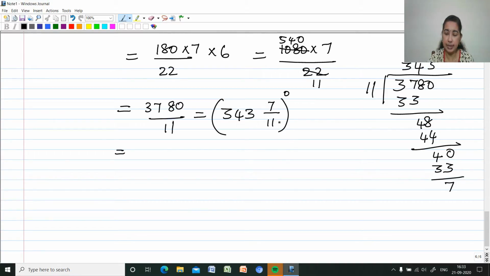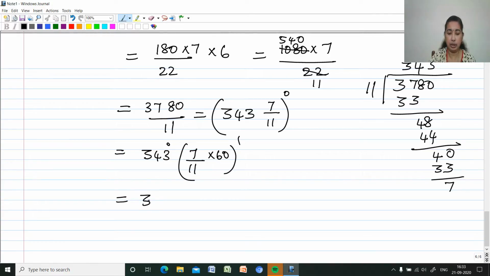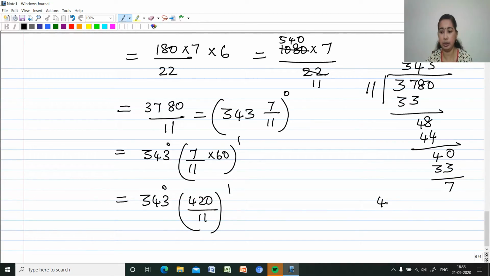This means the 7 by 11 we can convert to minutes. 343 degrees completely and 7 by 11 into 60, that much minutes. That is equal to 343 degree, and this multiplying we are getting 420 by 11 minutes.